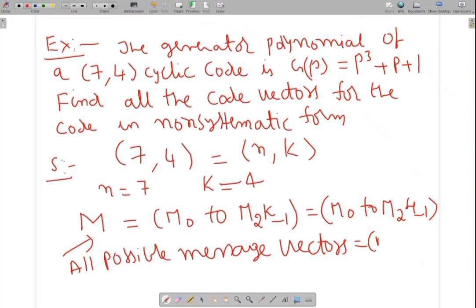That is equal to m0 to 2 power 4, it means 16, m15. These are all the possible message vectors. Here the generator polynomial is g of p is equal to p cube plus p plus 1.